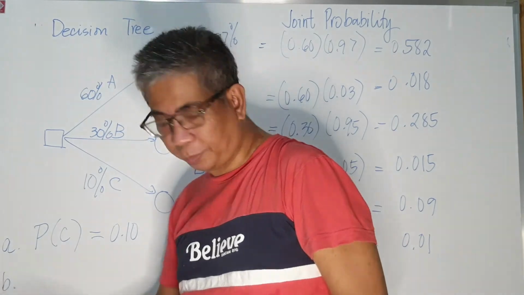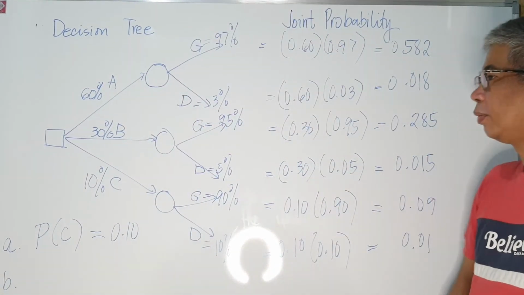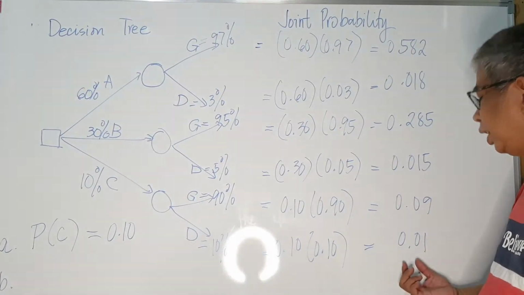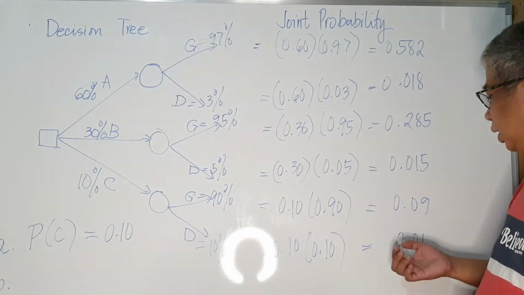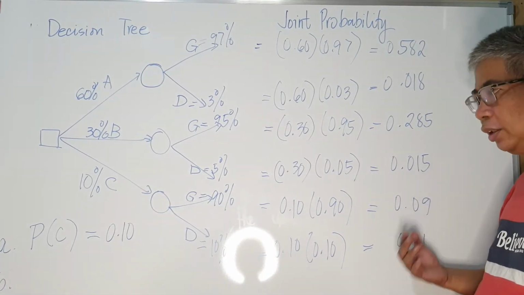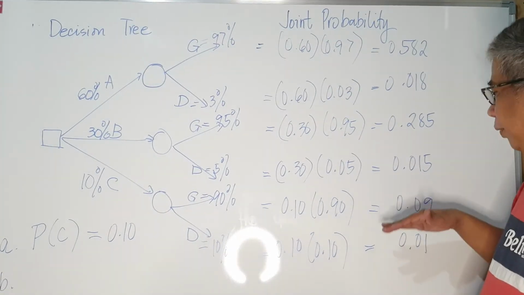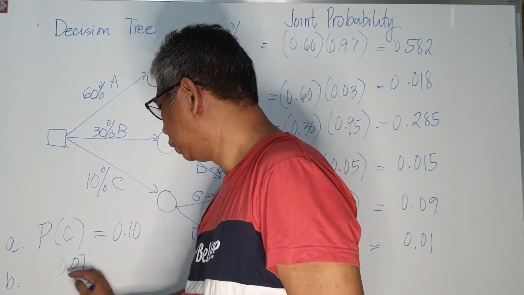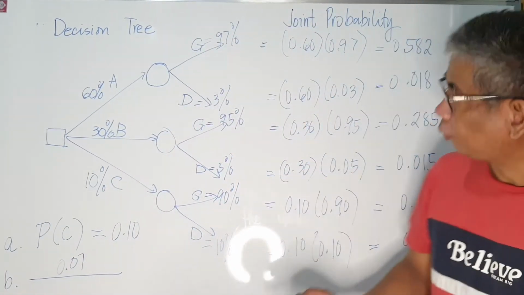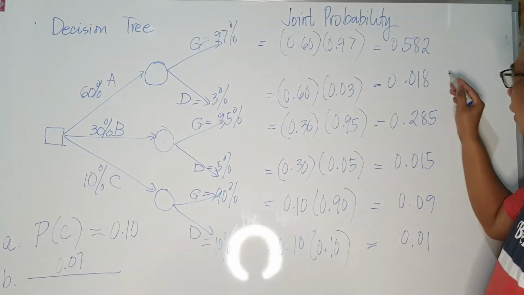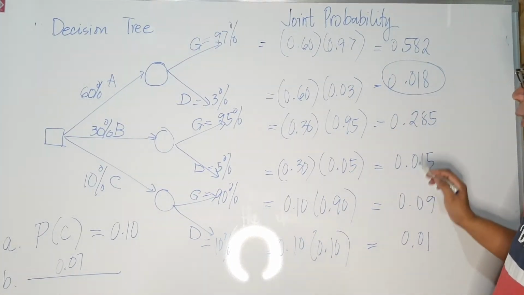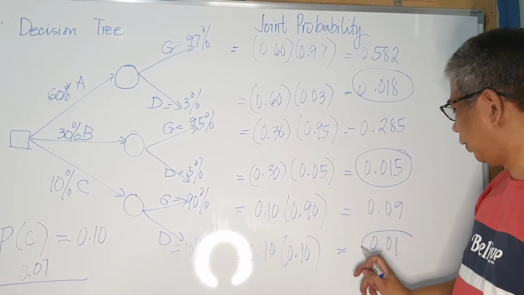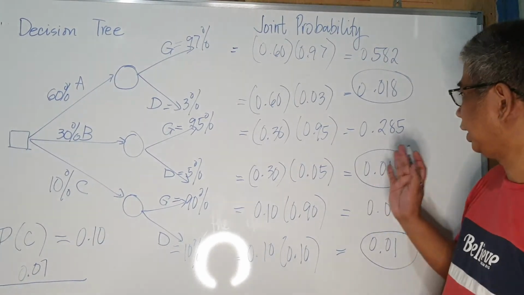Now, for letter B, ano daw ang chance that the item na defective product ay galing sa machine C? Okay? It's not 0.01. But rather, lahat ng sources mo ng defective product. So, 0.01 divided by, ano yung mga sources mo? Meron kang defective product galing sa machine A, meron kang defective product galing sa machine B, at meron kang defective product na galing sa machine C. Okay?